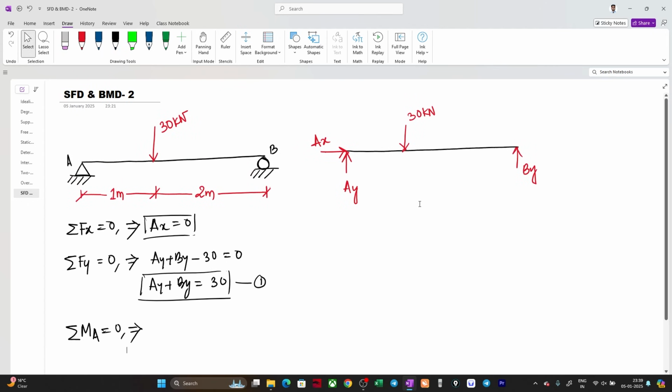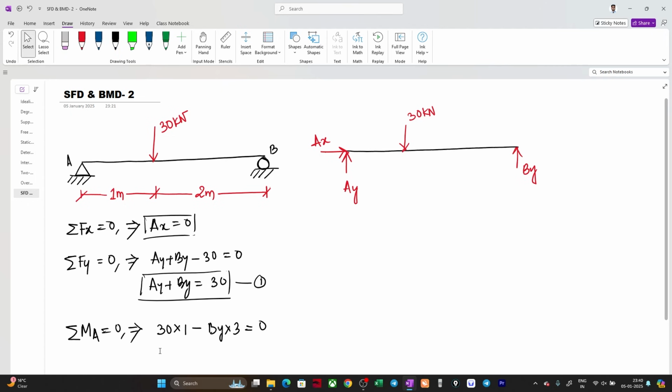At this particular point, this 30 kilonewton load, which is at 1 meter distance, will create a clockwise moment, and it will be positive. So 30 into 1 will be positive, minus BY here will create an anti-clockwise moment, which will be negative. So BY multiplied by 3 equal to 0.